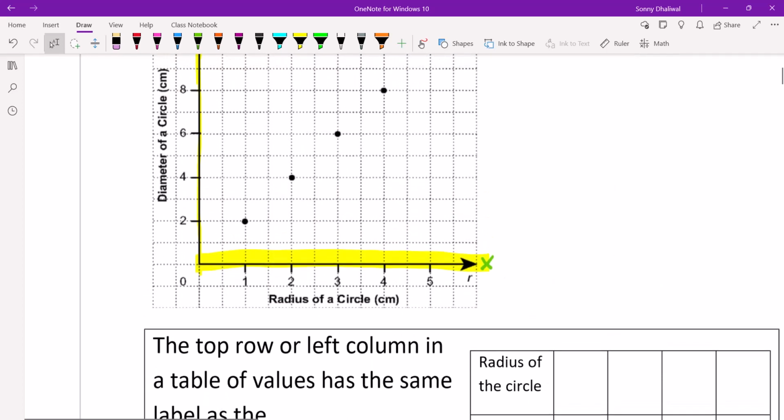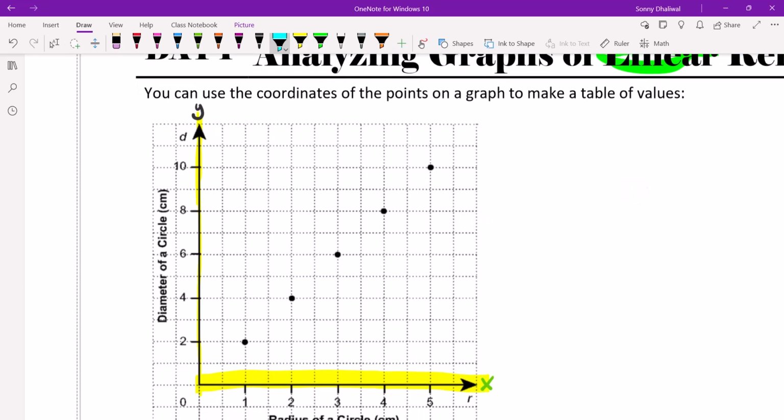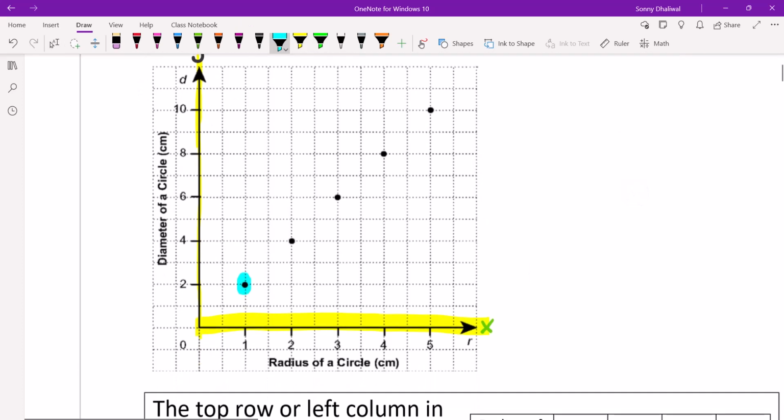So now, when we have graphs, we need to be able to read the values off of them. We have a set of points here. For example, here. And we want to know what are the X values and Y values. So what is the X value for this point here that I highlighted in blue? How do you read that?